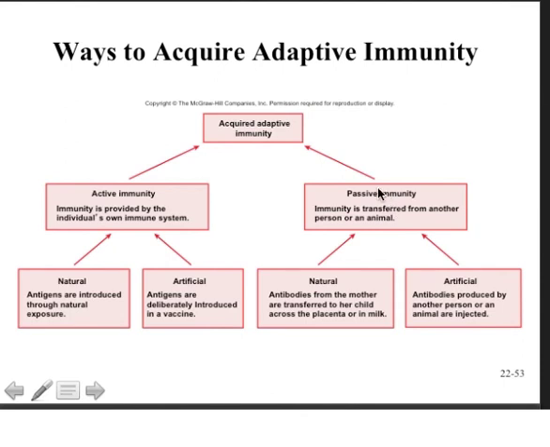The passive immunity will be transferred from another person or an animal to the individual receiving it. This results in acquired adaptive immunity. In passive immunity, it's short-term. In active immunity, remember that this is a long-term situation.